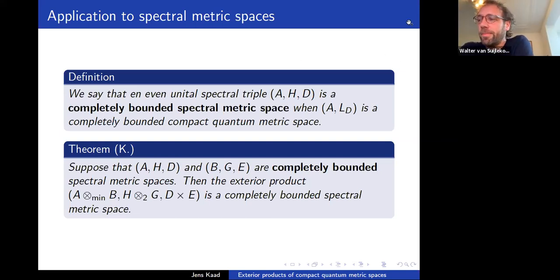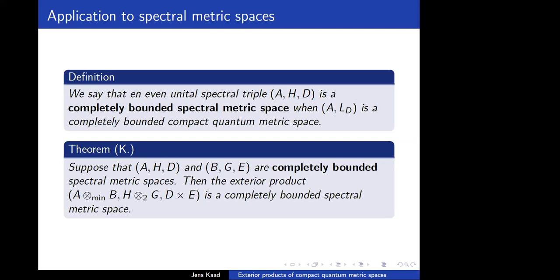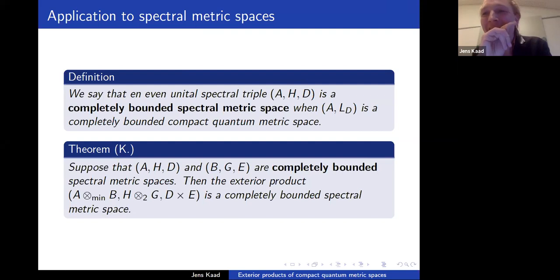Oh, it's okay. My questions are related to your last two comments. You say that you don't have good examples of spectral metric spaces that are not completely bounded, but do you have examples, even not good? Actually, the example I gave in the beginning: if you have a compact spin manifold, and you look at the spectral triple you get from it, in the even dimensional case, this is a completely bounded spectral metric space.